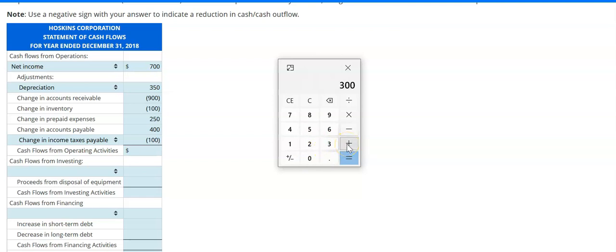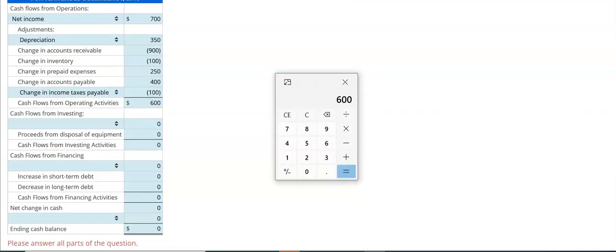We're going to then add the increase in accounts payable. And finally, we're going to subtract out the decrease in income taxes payable. And so when we do that, we end up with $600 million. So we started off with net income of $700 million, but what we wanted to know was what was our overall increase or decrease in cash from operating activities. That answer is $600 million.